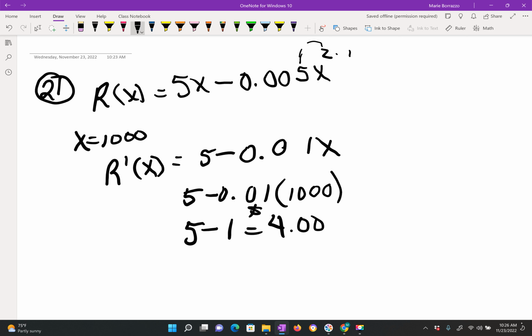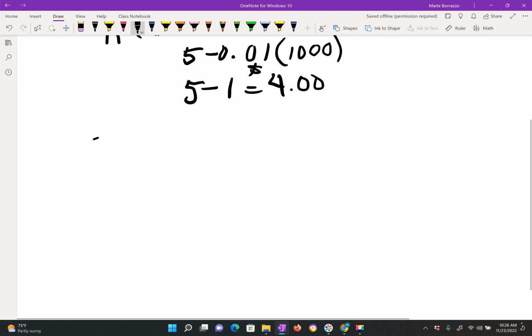All right, number 22. You need to remember that the average cost, let's see, it says the total cost to produce X units of paint is C of X. They want the marginal average cost.